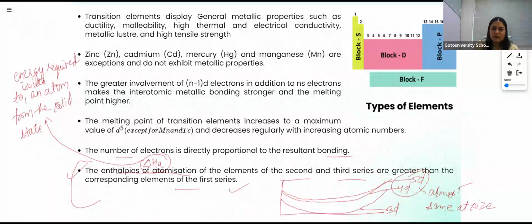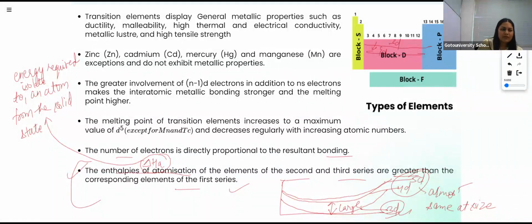they have almost the same atomic sizes. But if we move down the group, this is the 3d series and this is the 4d series. The difference between the atomic sizes from 3d to 4d is quite large. That is why the second series and the third series have higher atomization energies than the first series of transition elements, that is 3d. Understood?